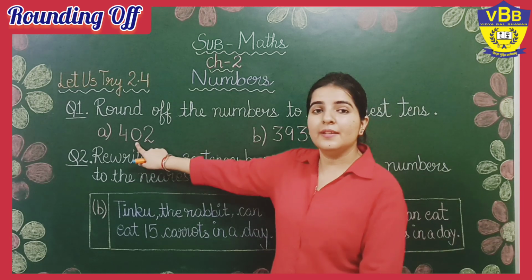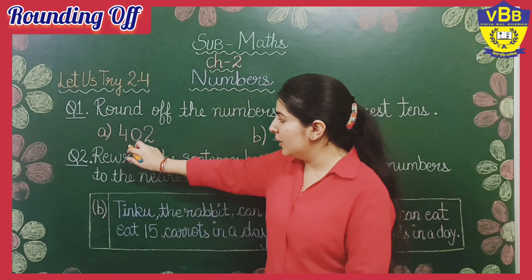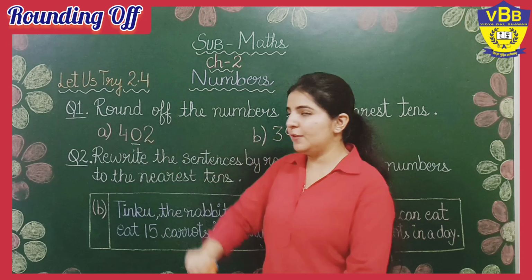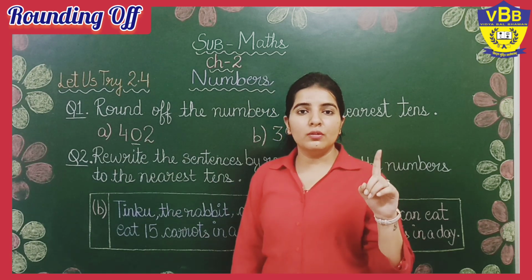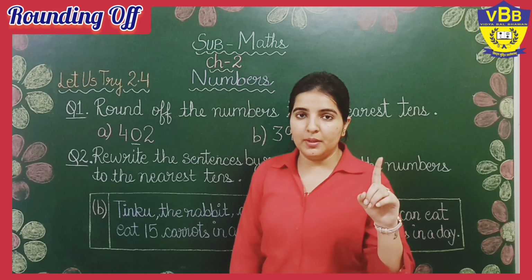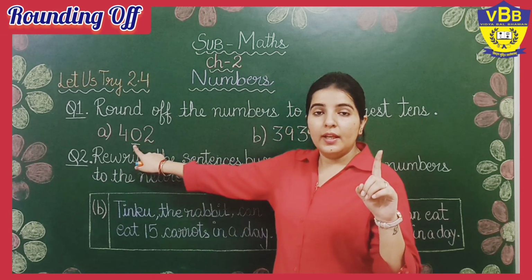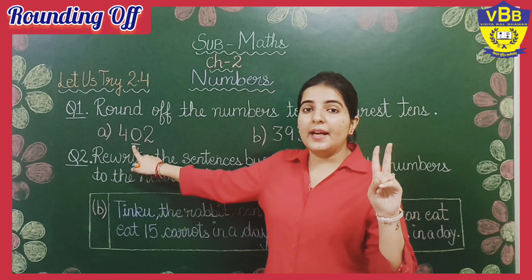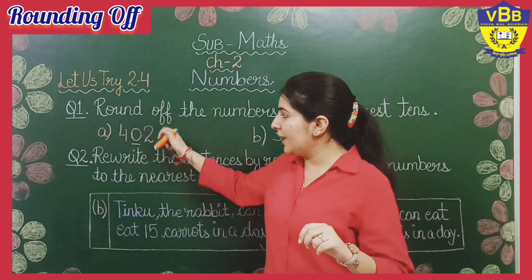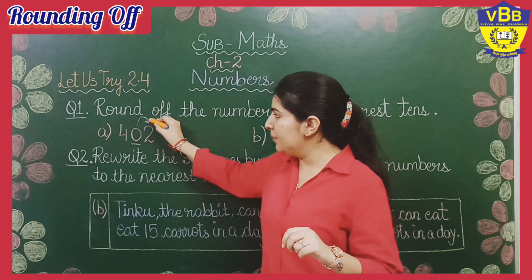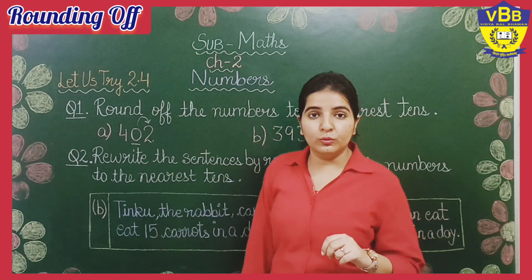So here in this number, 0 is on the tens place. Okay, so the first step is to find out the place, that is 0. Now we have to look at the next number, the second step. Look at the next number, which is 2.